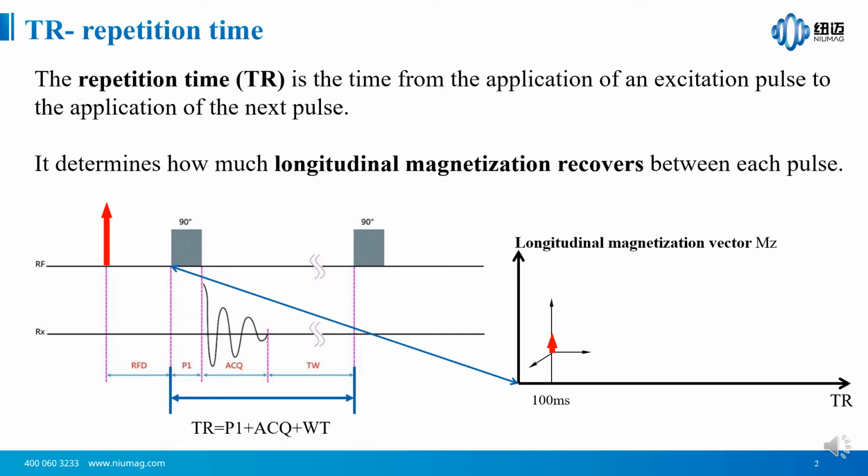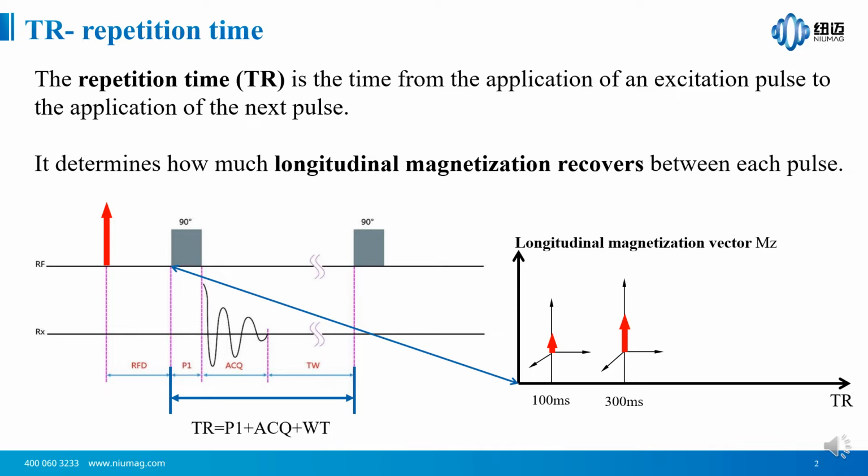We draw a diagram. This represents the TR time, and this represents the longitudinal magnetization vector MZ, and this 0 point corresponds to the point in time when the pulse is applied. When we set the TR to 100 milliseconds, a part of the longitudinal magnetization vector is recovered.